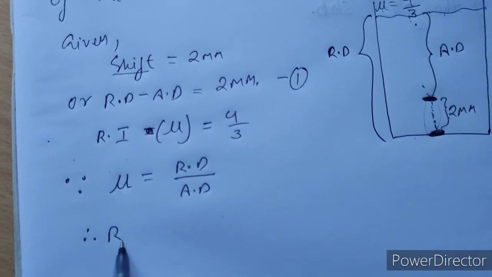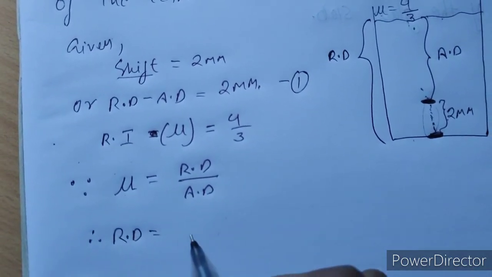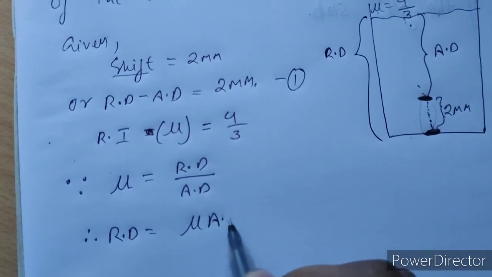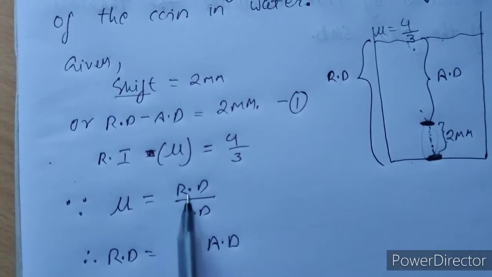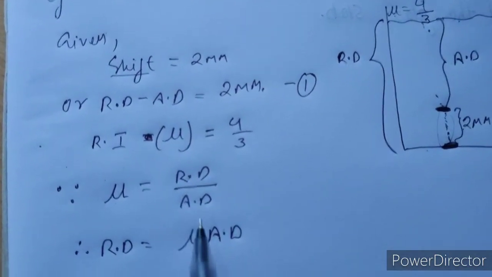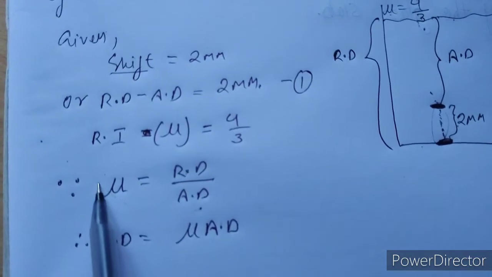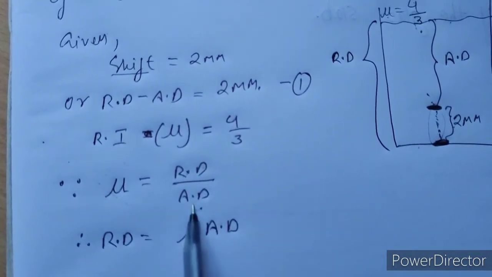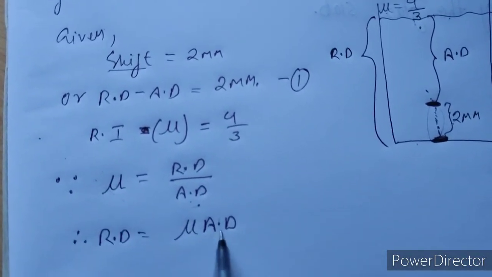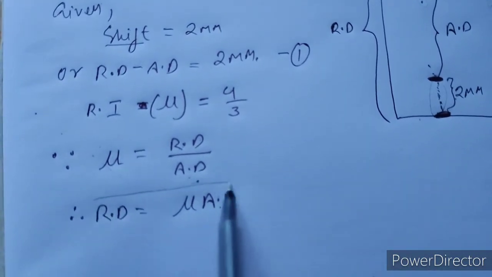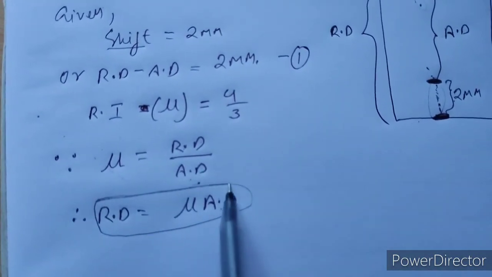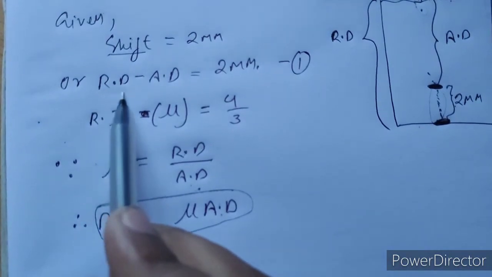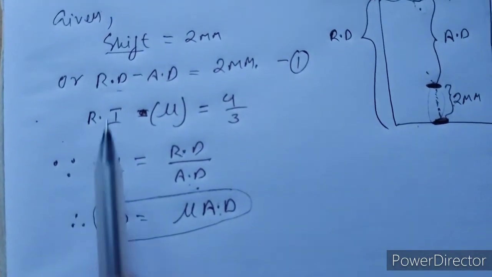Real depth equals refractive index into apparent depth. The apparent depth will go up by cross multiplication. Now I will put this value in equation number 1, in place of real depth.